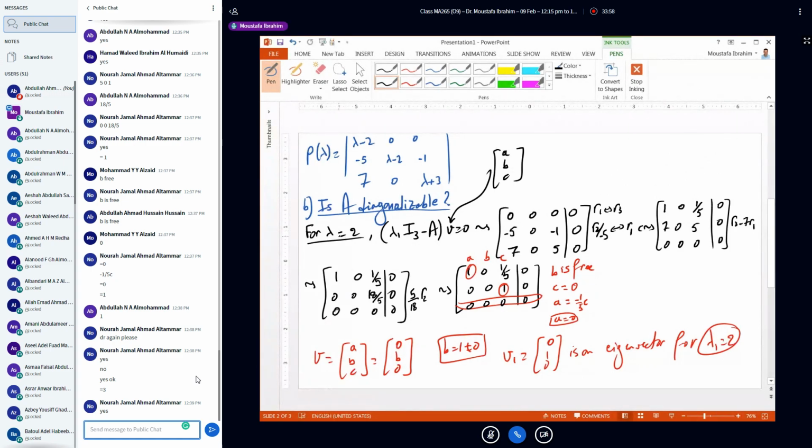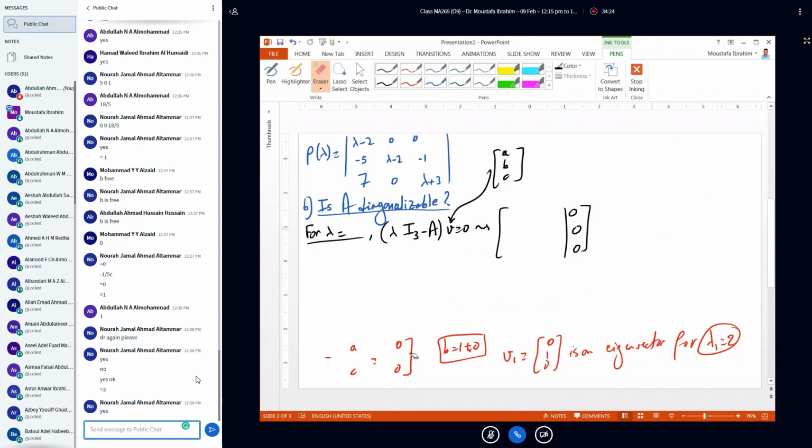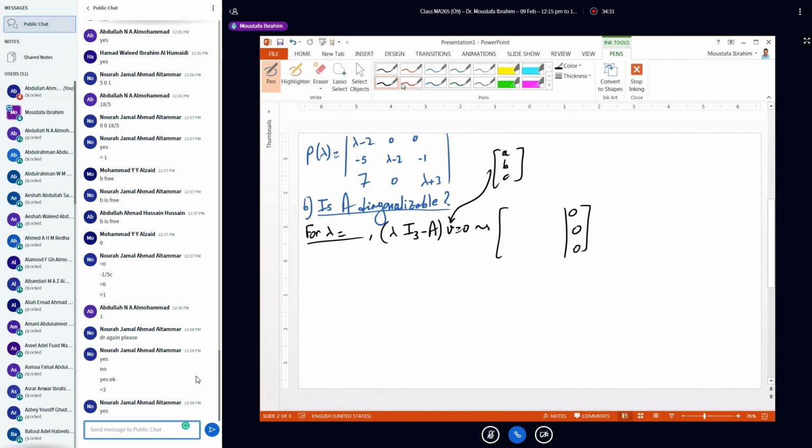Okay. Lambda 2 equals minus 3. So for lambda 2 equal minus 3: minus 3 minus 2 is minus 5, 0, 0, minus 5, minus 3 minus 2 is minus 5, minus 1, and 7, 0, 0.